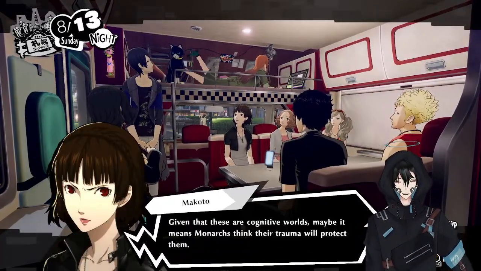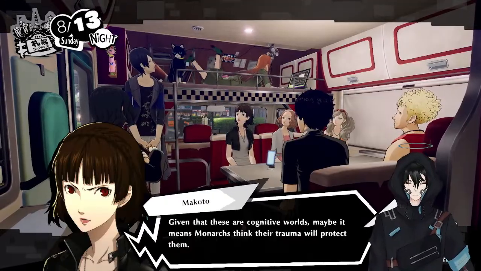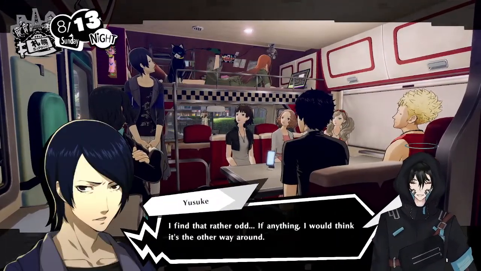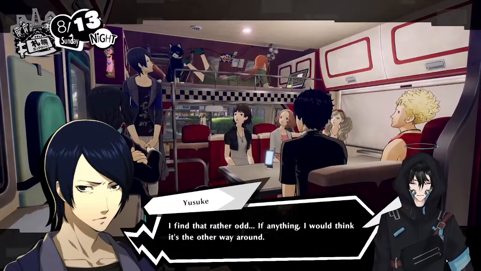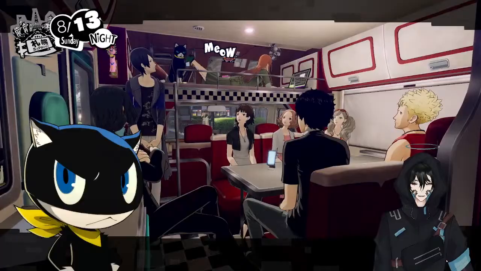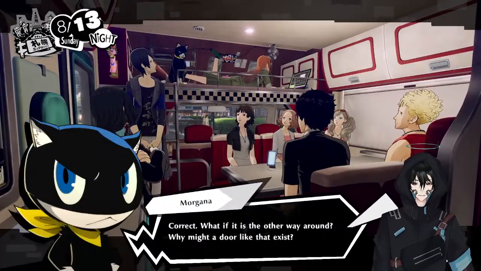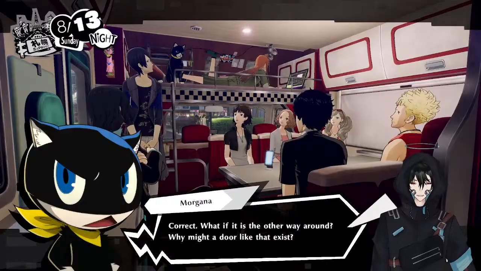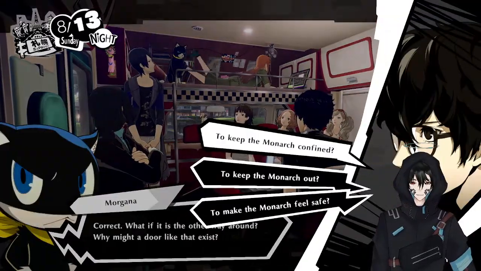Given that these are cognitive worlds, maybe it means the monarch thinks the trauma will protect them. I find that rather... Oh. If anything, I would think it's the other way around. Correct. What if it is the other way around? Why might a door like that exist?